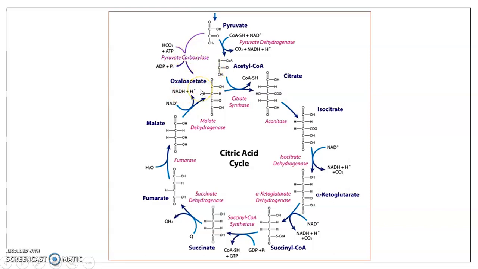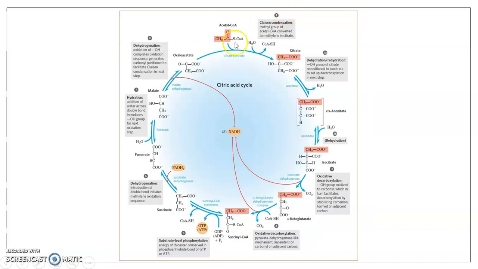Now, step by step we can see. The first step is the condensation of acetyl coenzyme A with oxaloacetic acid to produce citric acid, right? Here the first molecule is a 2-carbon acetyl coenzyme A, you can see 1, 2, which has a CoA. It condenses with the oxaloacetate.